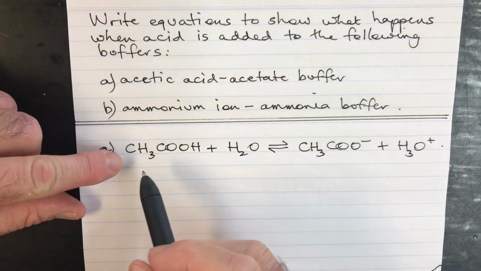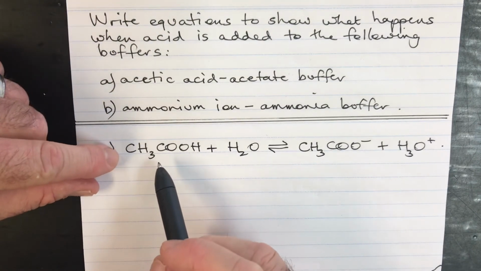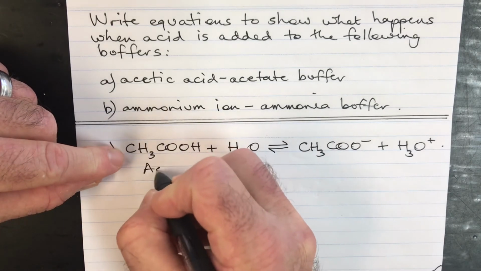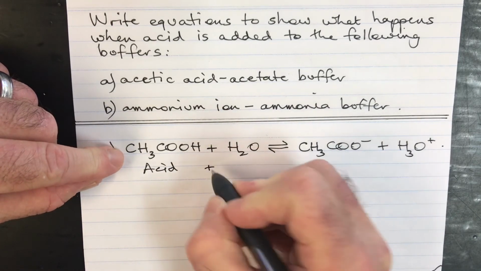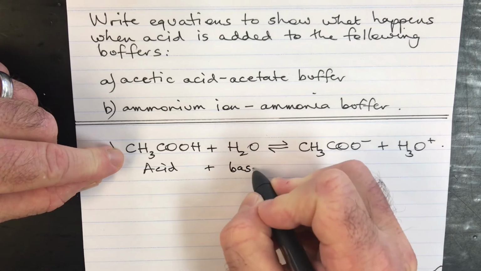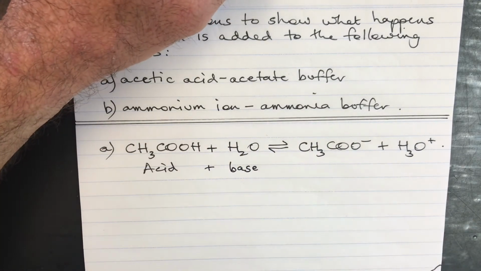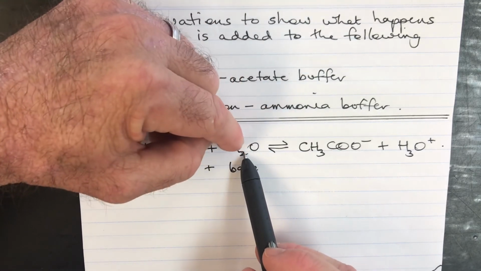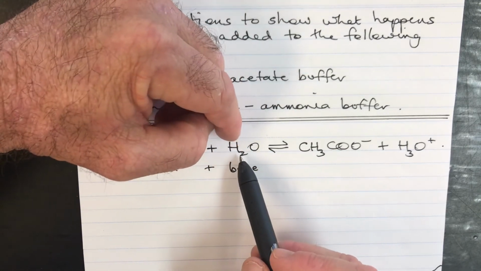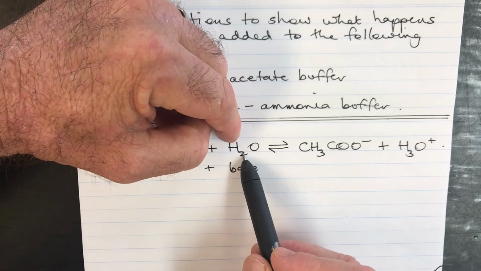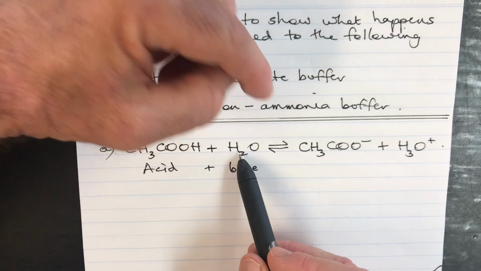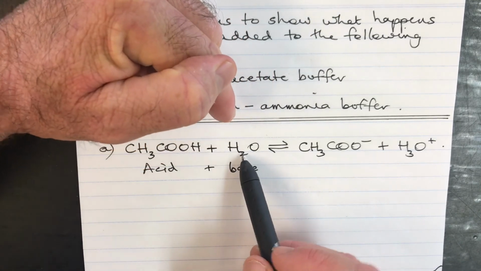Again, like we looked at the other day, the acetic acid molecule is the acid. The water molecule acts as a base. It acts as a base because, remember, it accepts protons, accepts the hydrogen ion.